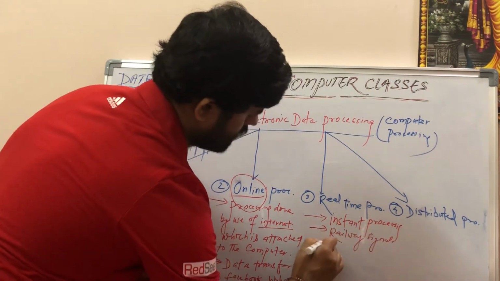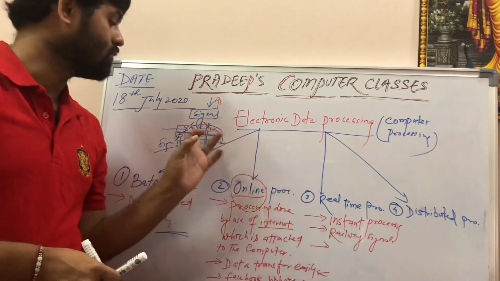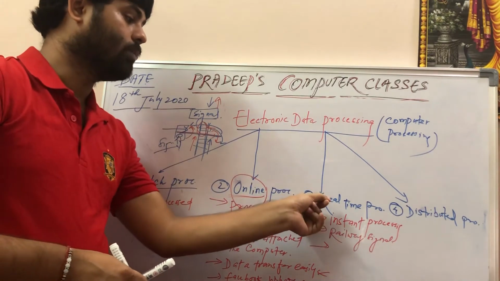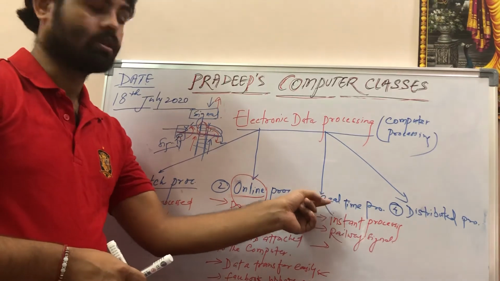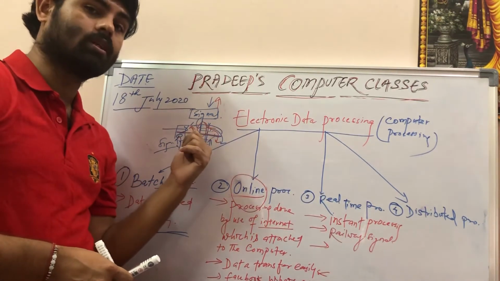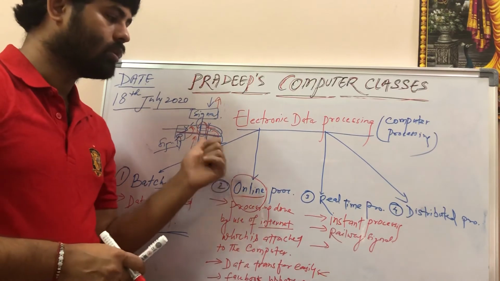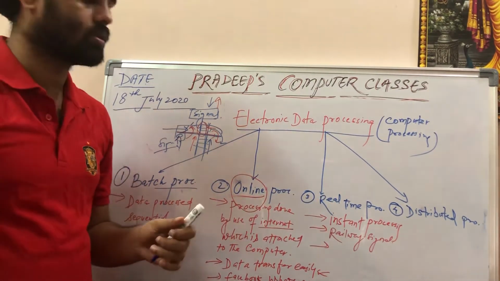Fine. Next, as this process is very quick, of course the amount we have to spend for this technology will be high, because computer technology is being used here. The technology used by real-time processing will be very high cost.